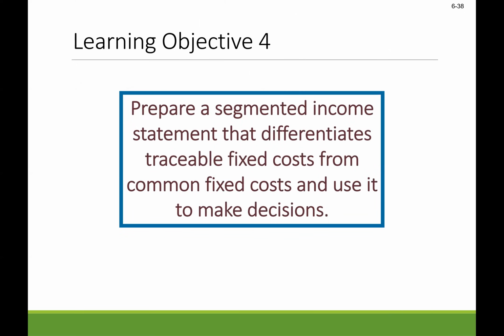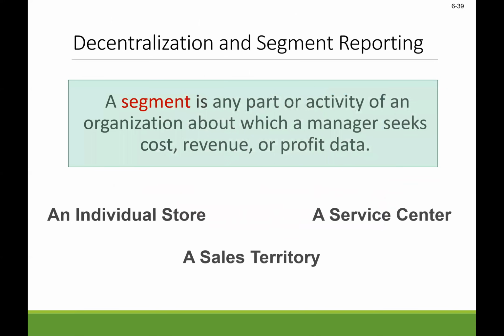Next, we'll prepare a segmented income statement that differentiates traceable fixed costs from common fixed costs. Segment income reporting is for a department or any type of activity or part of an organization where they want to break it down.